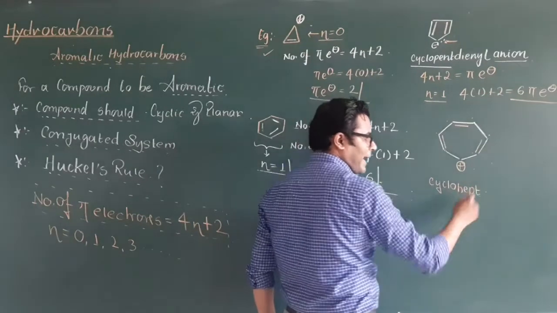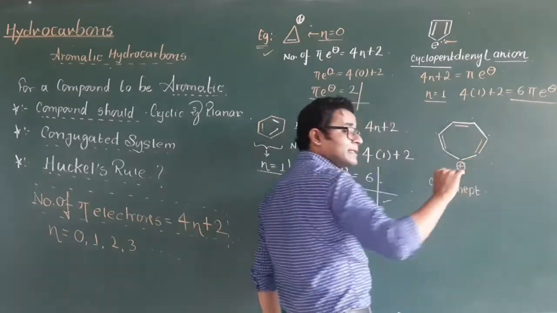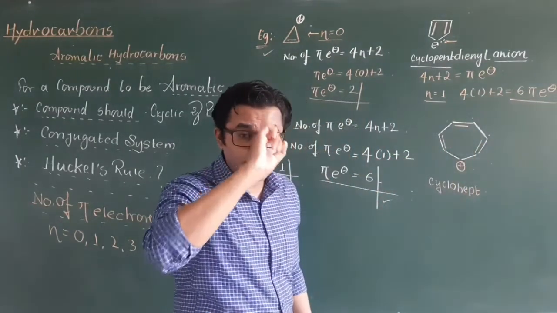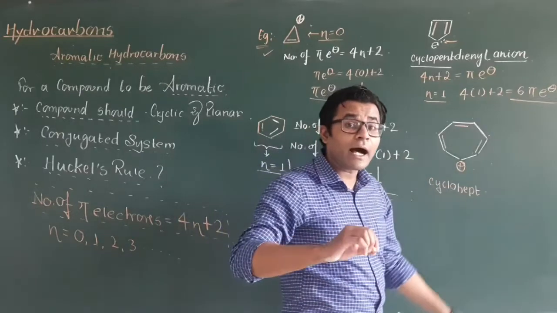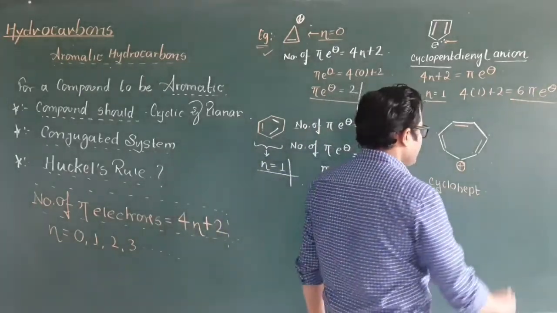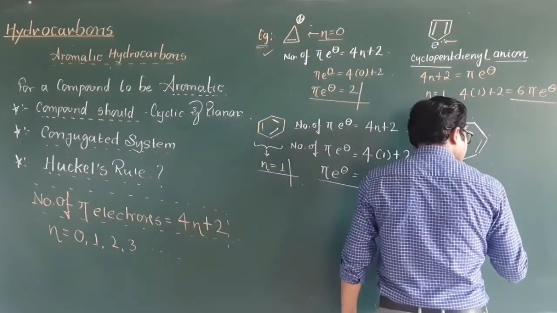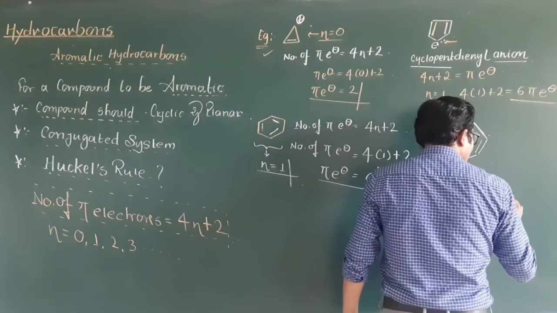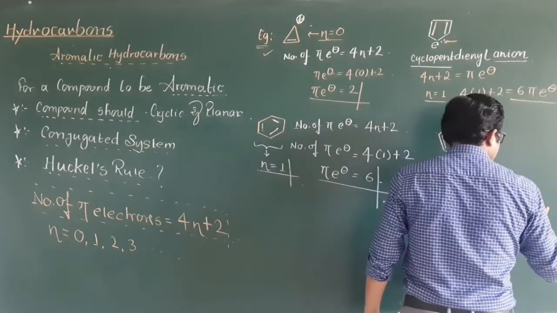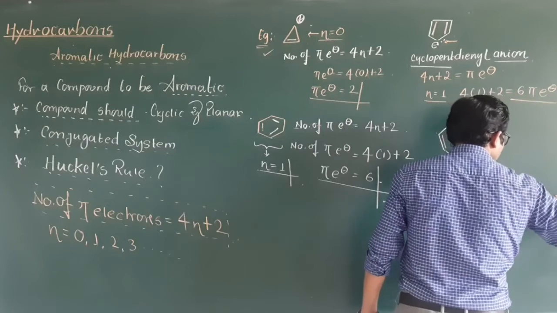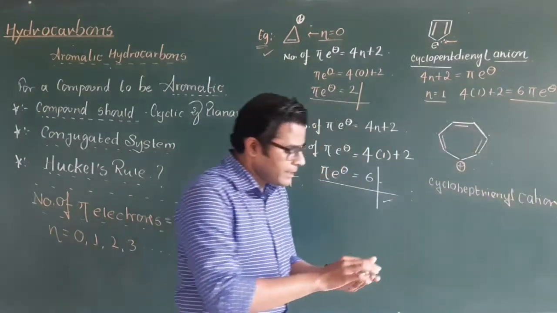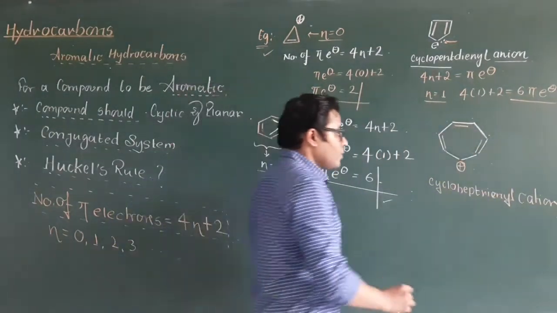Correct. So this is cyclohept, and there are 3 double bonds, so it becomes cycloheptatrienyl cation.